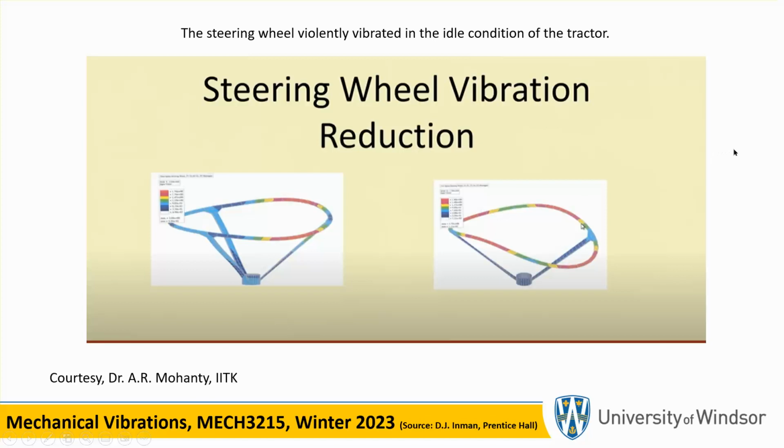Now, I have a good example here to show you, and this is taken from this gentleman's lab video. They noticed that a certain tractor, when it was at the idle stage, which is basically nothing, the engine is not running actively, would cause severe vibrations of the steering wheel.